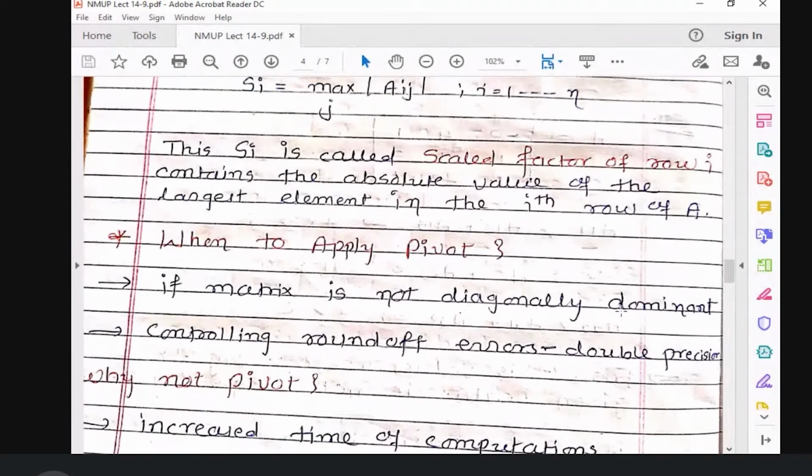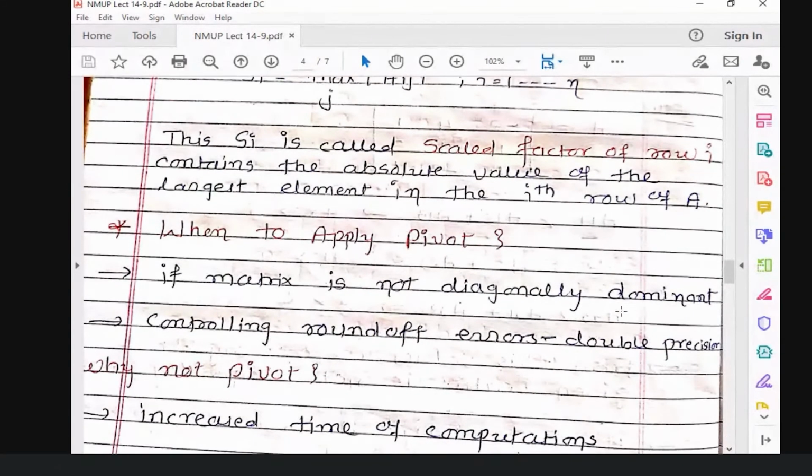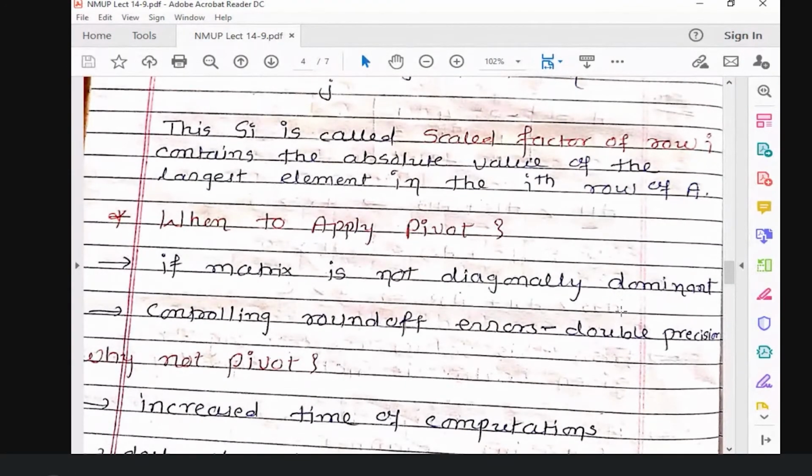One more thing: when to apply this pivot and when not to apply it? Some matrices are not diagonally dominant. In our previous theory, in the different examples we completed, we did not check whether the matrix is diagonally dominant or not. So first of all, we have to check it.